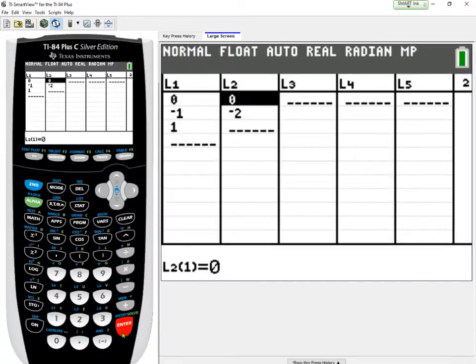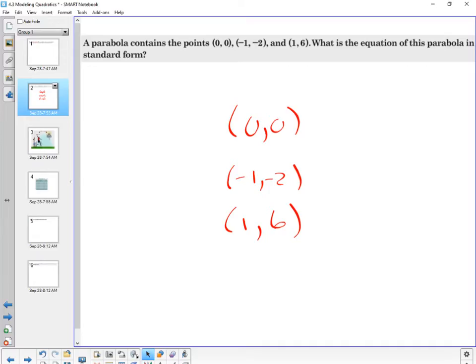Oh, look, I'm missing this number. Just push down. In this case, it was a 6. Now push enter. Now they're matched up, 3 for 3. Once I do that, I should get a regression on that quadratic. Okay? Questions? Can you go do that by yourself? Anybody try it by themselves? Yeah.